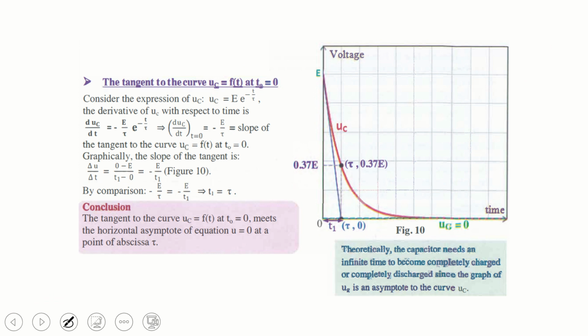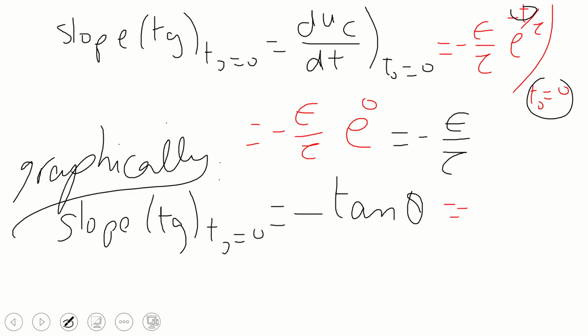Okay? Where is the angle theta? It's between the tangent and the time axis. This is theta in this triangle. The opposite to theta is this side, so it is E. The adjacent to theta is this side, so it is t1. So tangent theta equals minus E over t1.